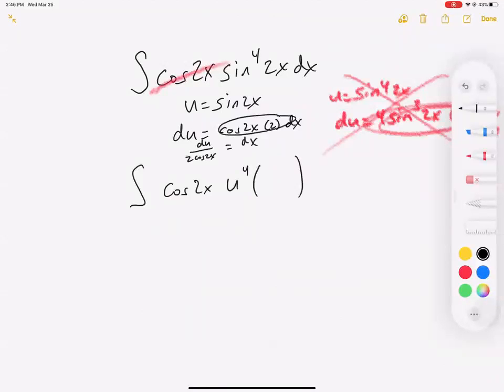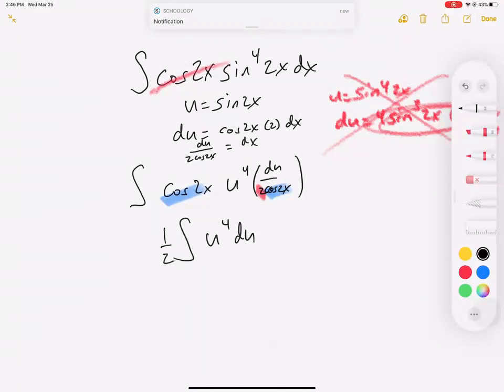I'm going to put that on the denominator: du over 2 cosine 2x. Lucky for me, which we're planning, that gets rid of all the values with x's. And then we have the integral of u to the 4th du, but we still have this 2 on the denominator. That's a constant that goes in the front, making my life a little easier.